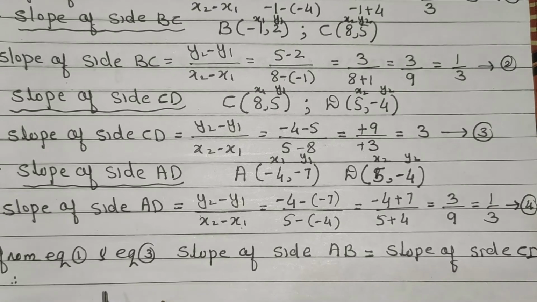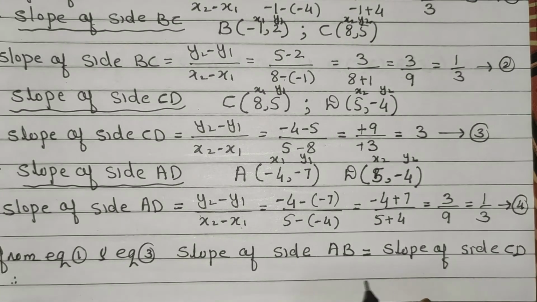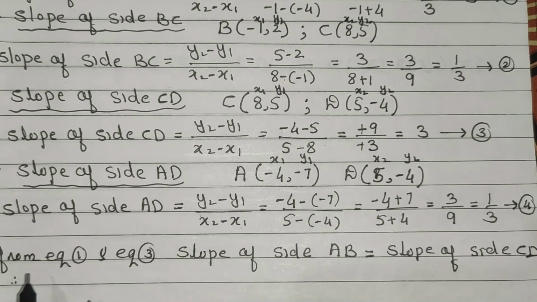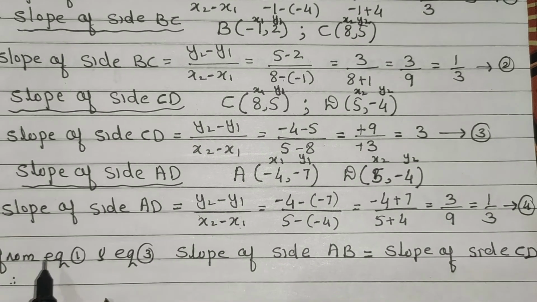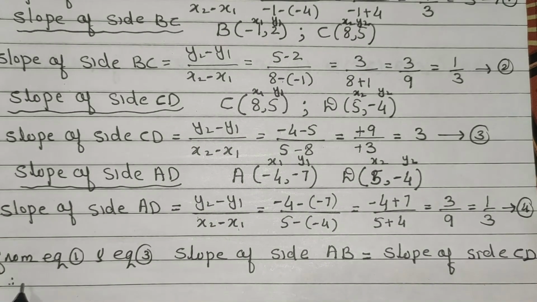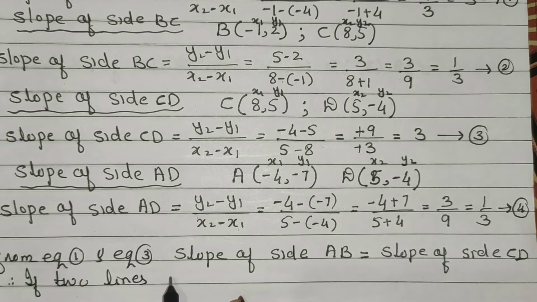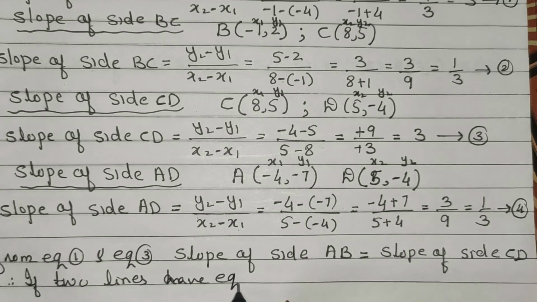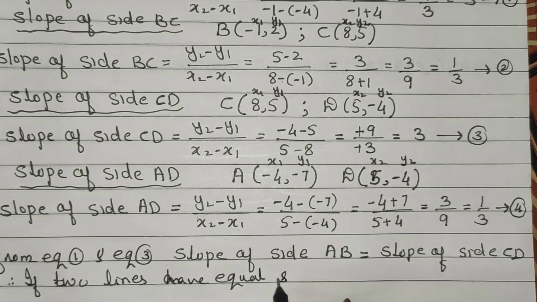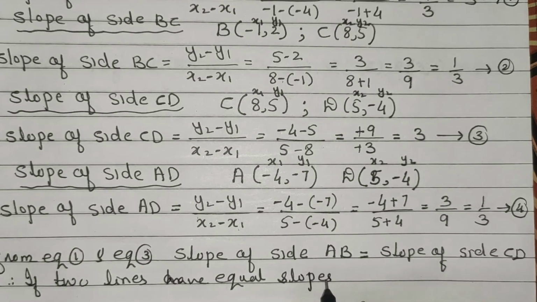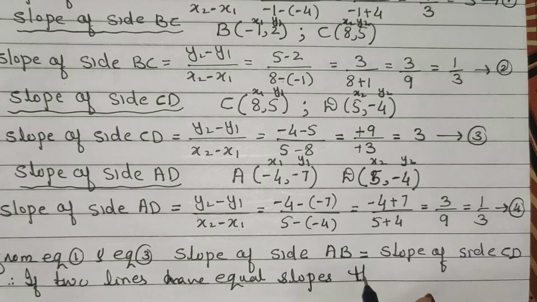Therefore, since if two lines have equal slopes, then they are parallel. Write down here. We know that if two lines have equal slopes, then they are parallel.